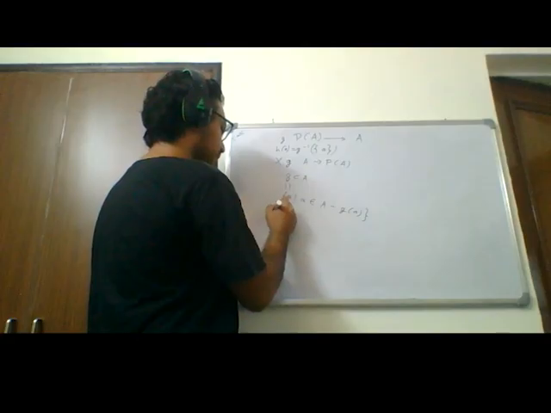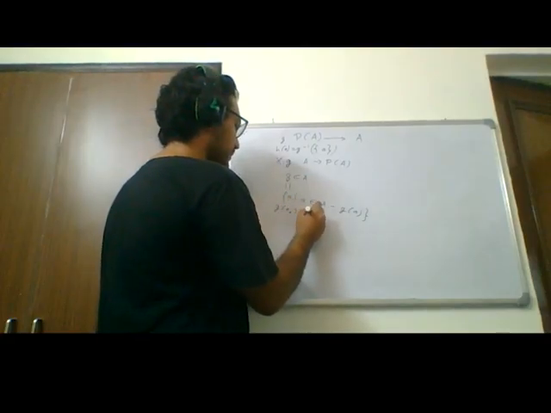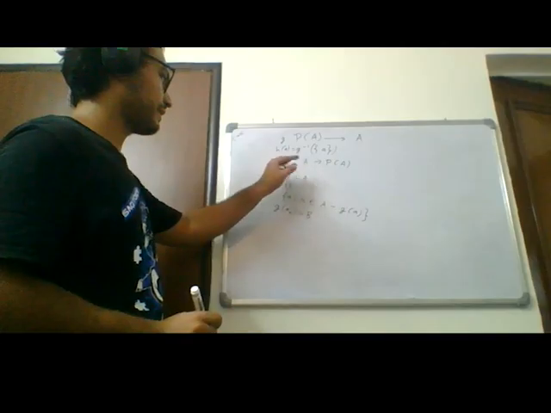So let G of a naught be equal to B, right? Because it's supposed to be surjective.